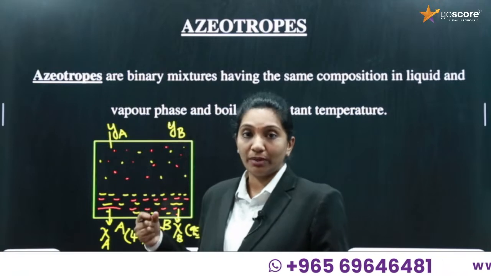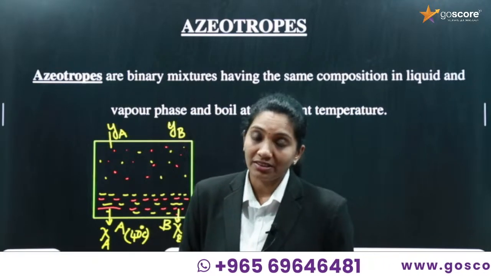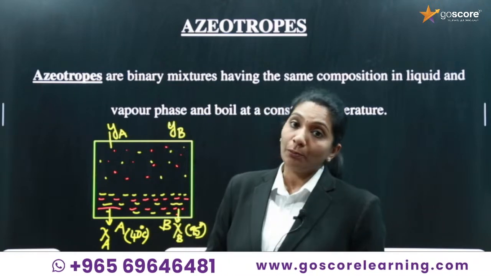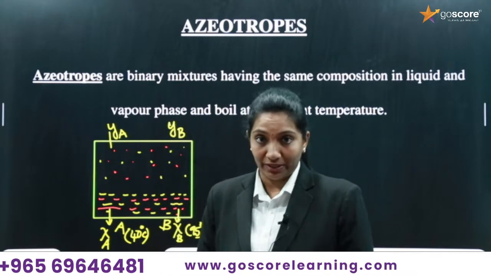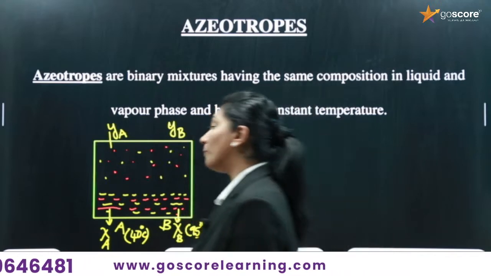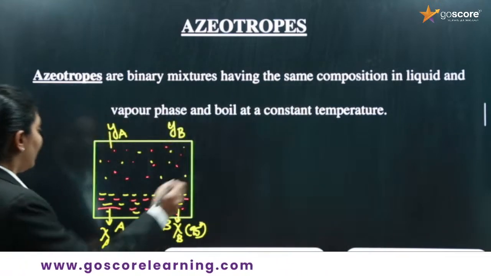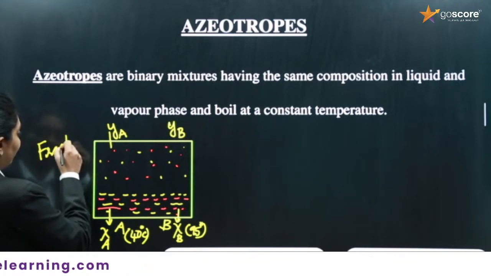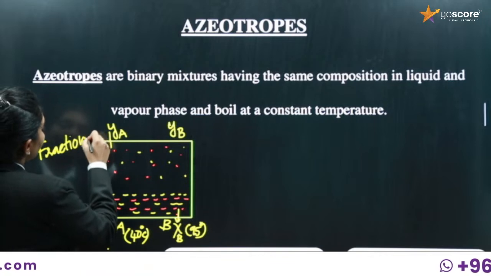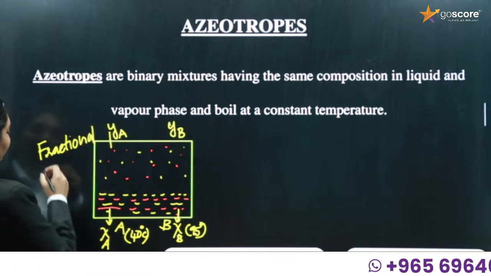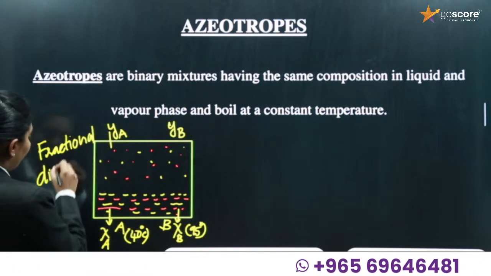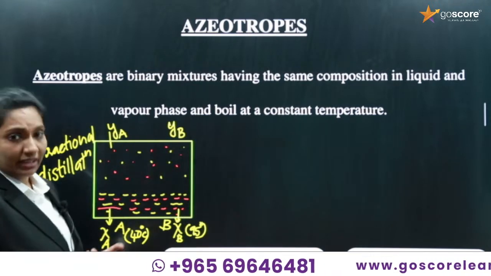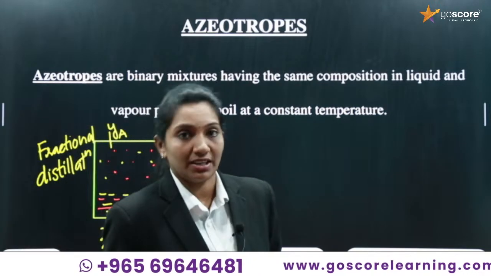We can collect those vapors, and when you condense them, you will get component A. Because there is a huge difference between the boiling points of A and B, we can separate the components from this mixture by the method called fractional distillation, that is, collecting the vapor and condensing it.